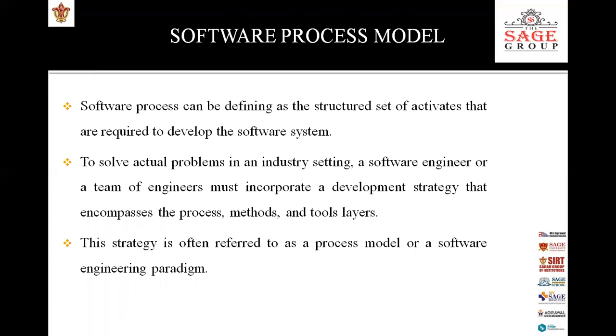A process model defines the tasks to be performed, the inputs to and outputs from each task, the preconditions and postconditions for each, and the sequence and flow of each. So you now understand the software process model.